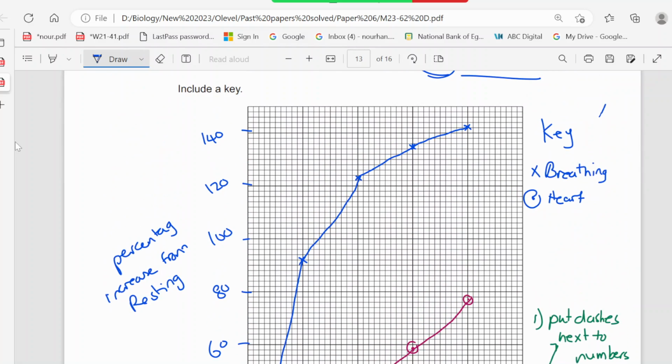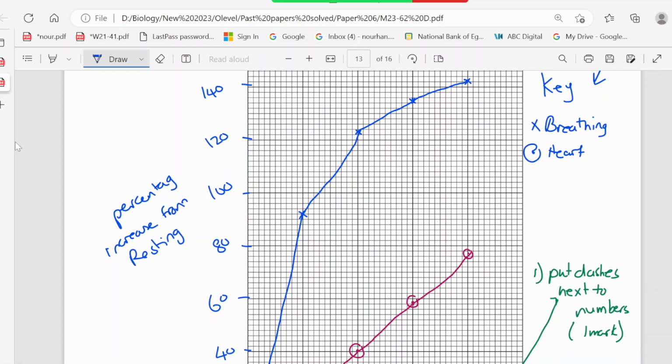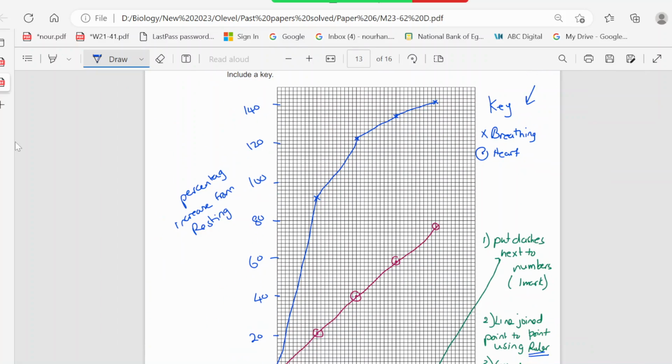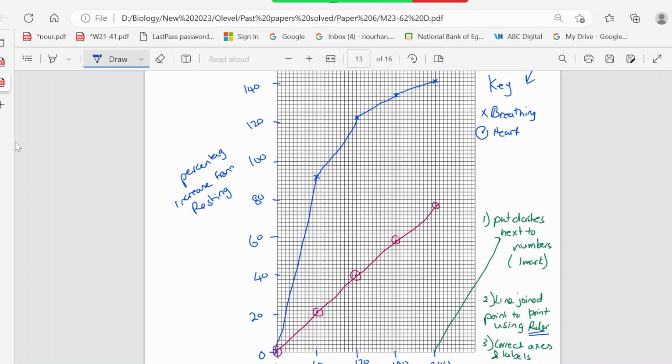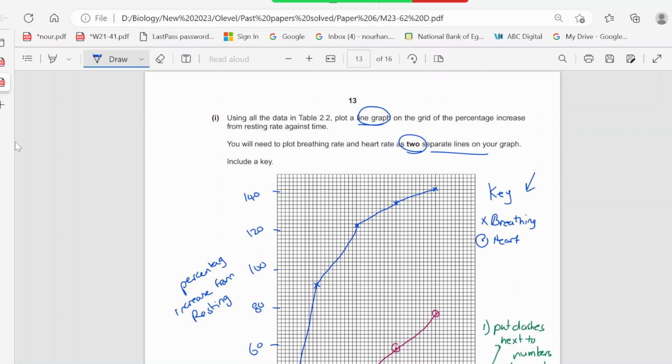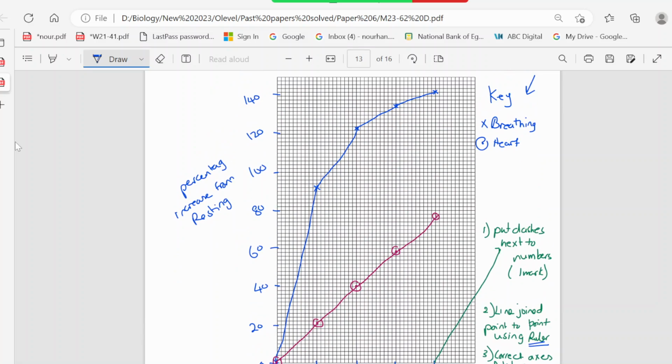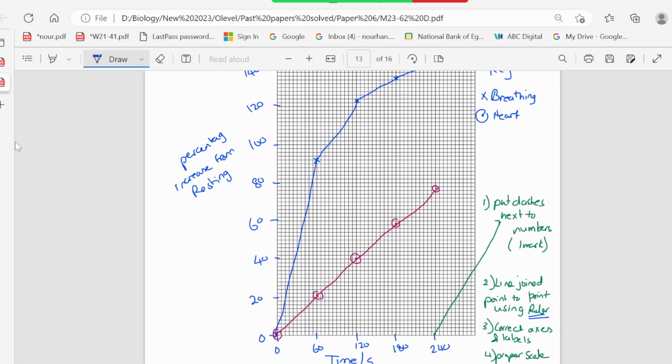Then I will put a key. X is the breathing rate, the dot and the circle is the heart rate. This is how it should look. Yes, isn't this a line graph? A line graph using a ruler. Okay, point to point using a ruler.